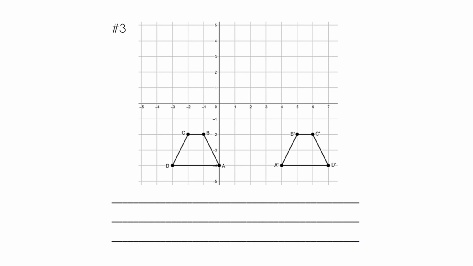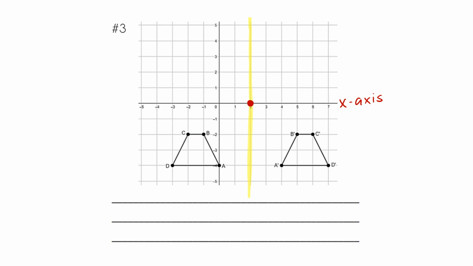For number 3, to identify the line of reflection, we want to pick the line that is in the middle of those two shapes, and that line runs here through the coordinate plane. It is not the x-axis or the y-axis. What you can recognize is that it is located at the value 2 on the x-axis.